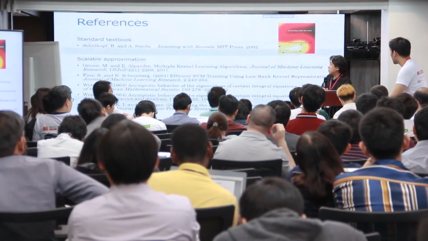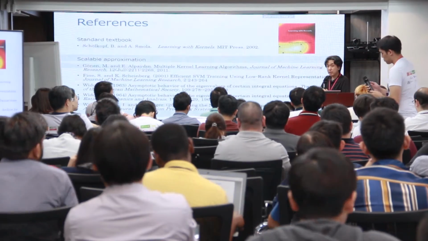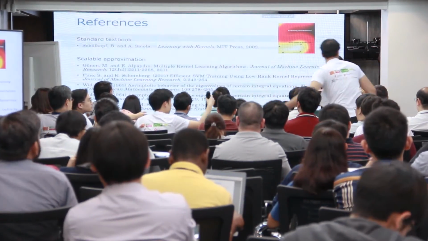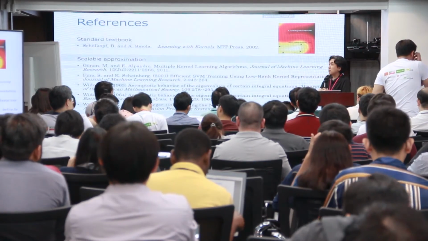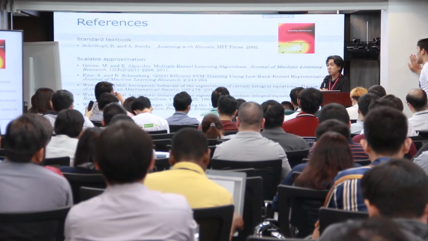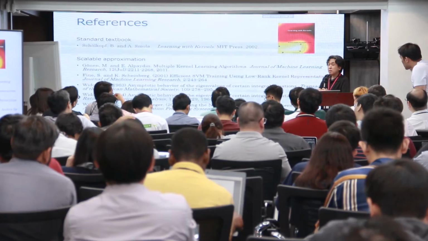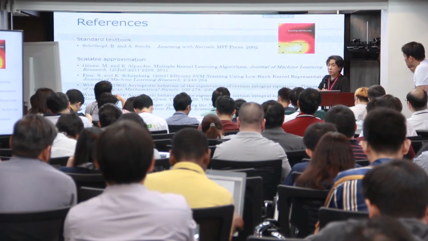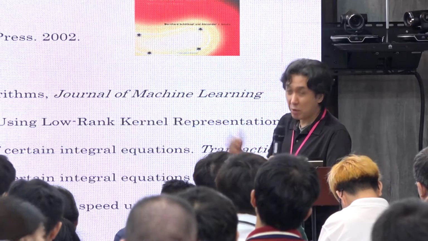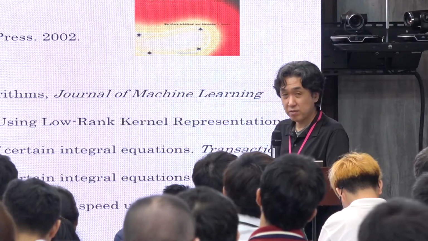Ongoing research is probably how to learn kernels in a better way. That's one topic. And another, more recent interesting direction is how to theoretically combine deep learning and kernel methods.